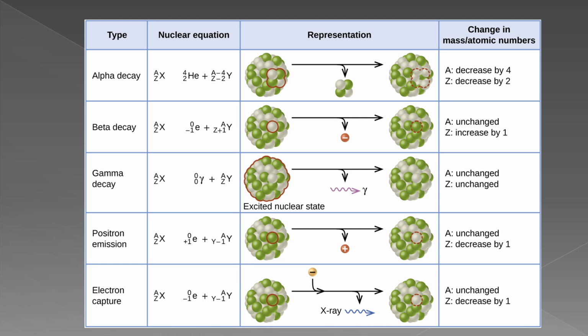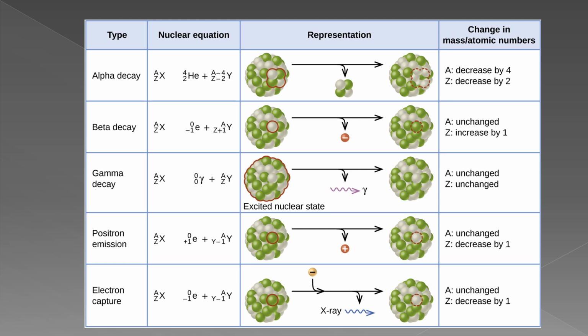With gamma decay, also known as the metastable, the nucleus is just in a really excited state, and it releases some of that excess energy in the form of a gamma ray. And so that's what we use a lot of time in imaging. That's what 99M technetium is.